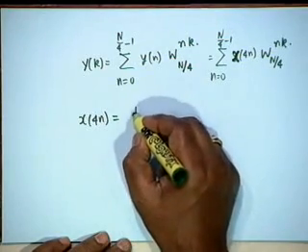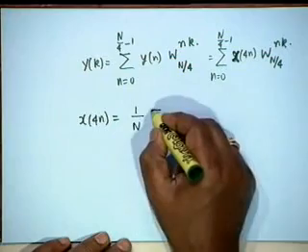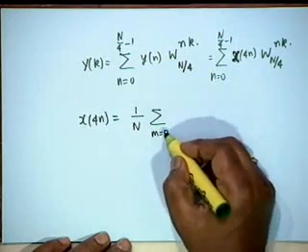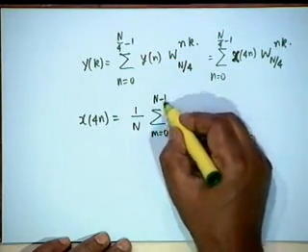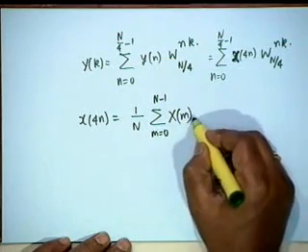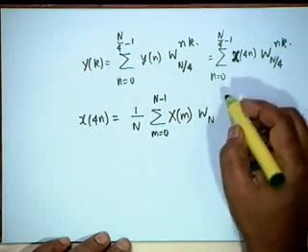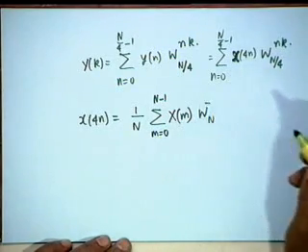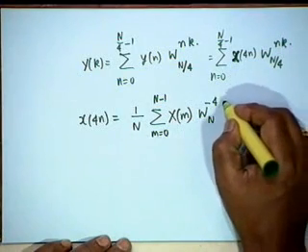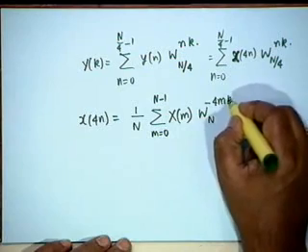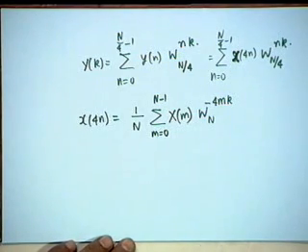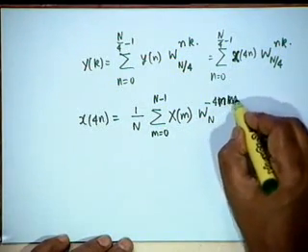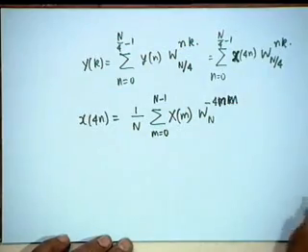So it would be 1 by N times the summation, let us change the variable, m equal to 0 to N minus 1 of capital X of m W N raised to the power plus or minus 4nmk. Okay, I always seem to make a mistake here. Let me write it again.